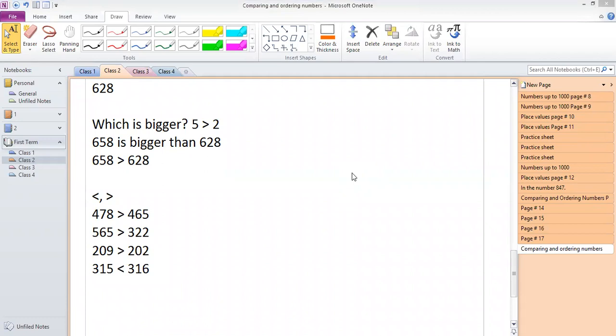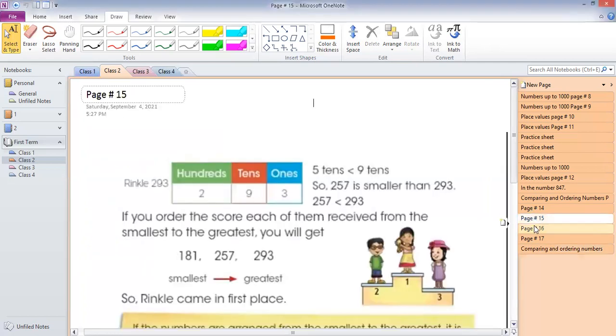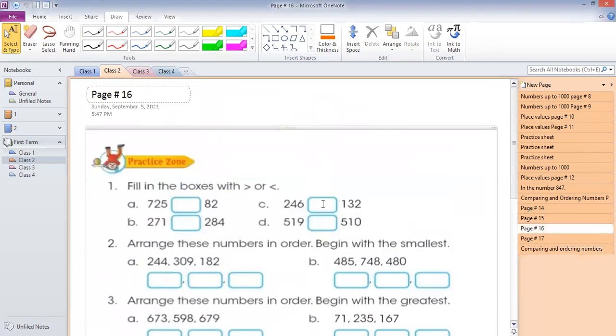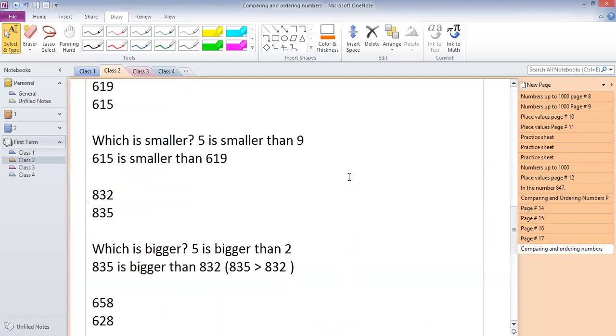That's very good, guys. Today we learned how to compare 2 or 3 numbers, and you also learned about the greater than and less than signs. Inshallah, in tomorrow's class, we will do some exercises from page number 16. And we will also practice these questions.